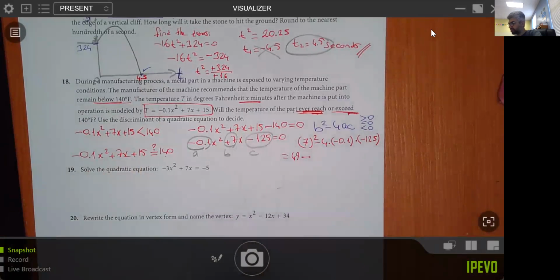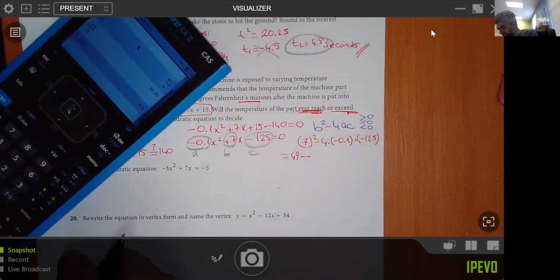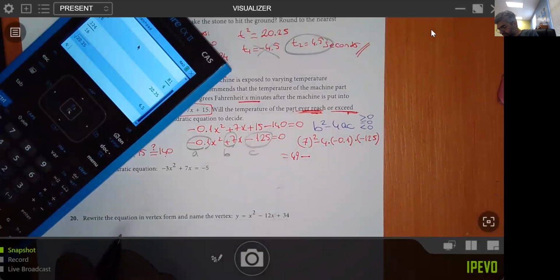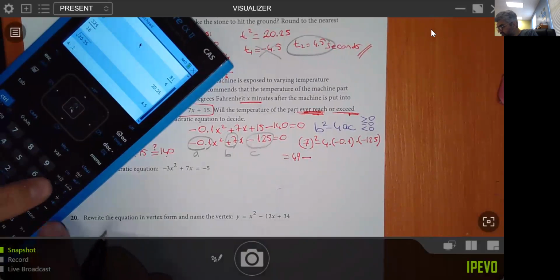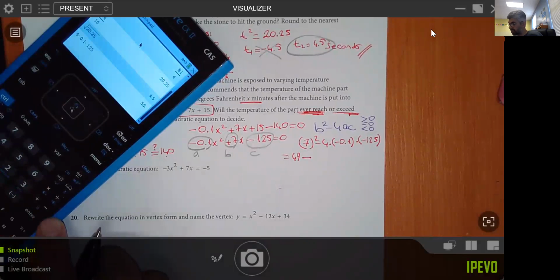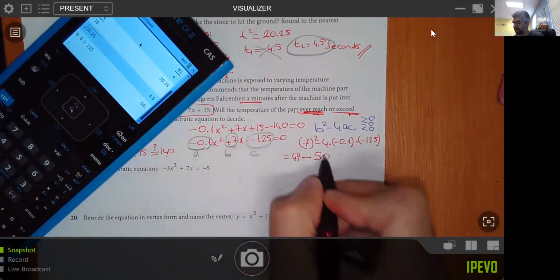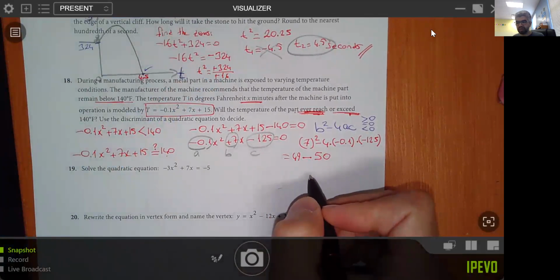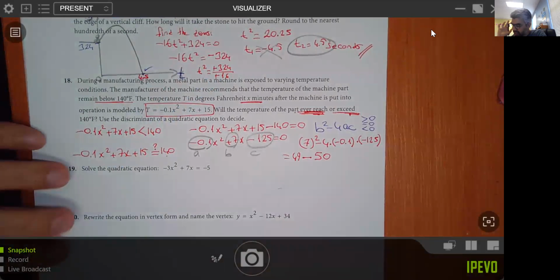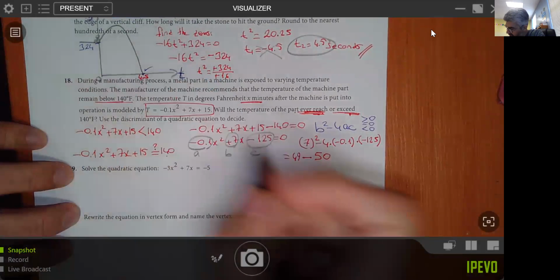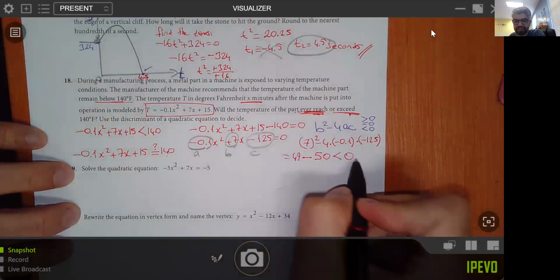Let's do it. 4 times 0.1 times 125 equals 50. Oh my God. I have 49 minus 50. What does it mean? It's less than 0. Okay?